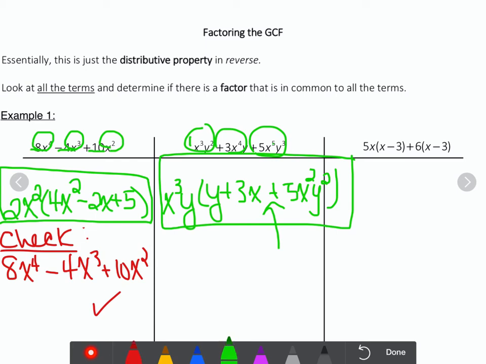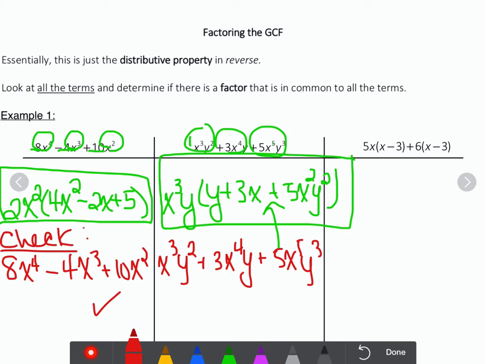Again, if you want, you can check it. X cubed y squared plus 3x to the fourth y plus 5x to the fifth y cubed. And again, that checks.